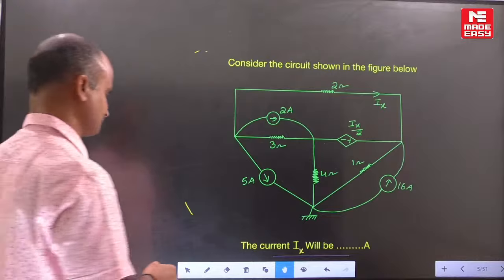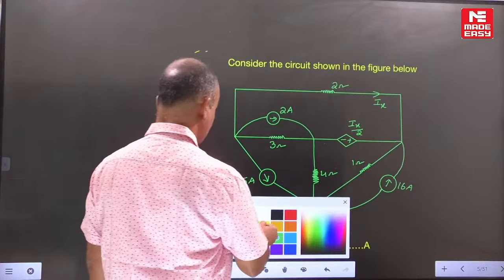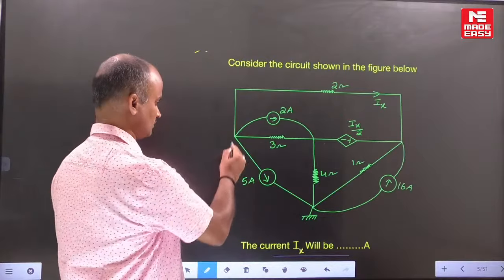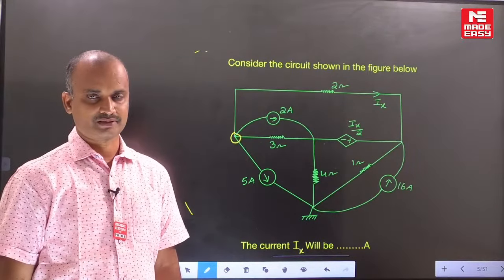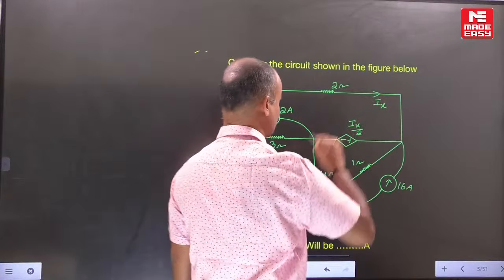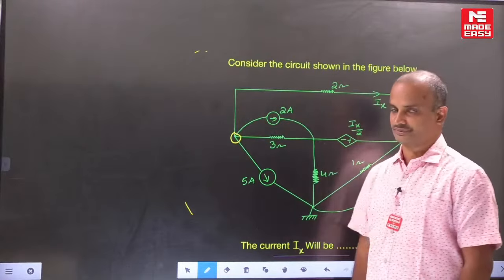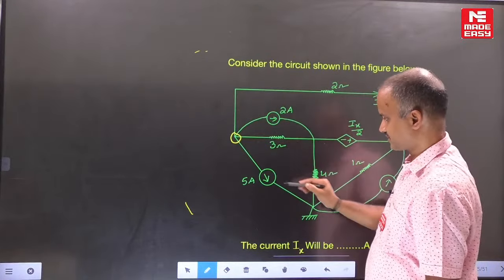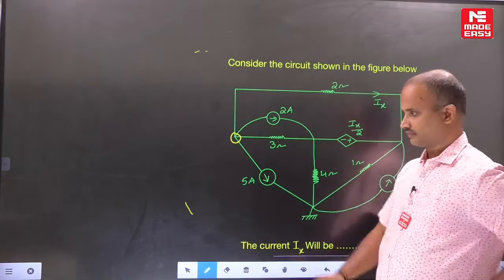Now let's check it out. For this example, first apply KCL at this point. In the data given, whatever this Ix is, it is an outgoing current. This 5 amperes is also an outgoing current, and 2 amperes is also an outgoing current.